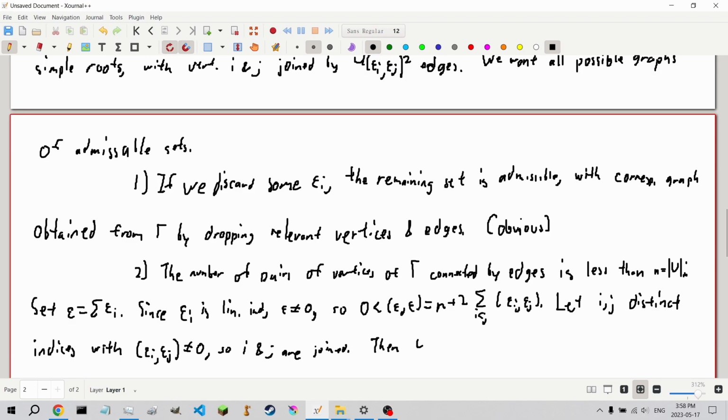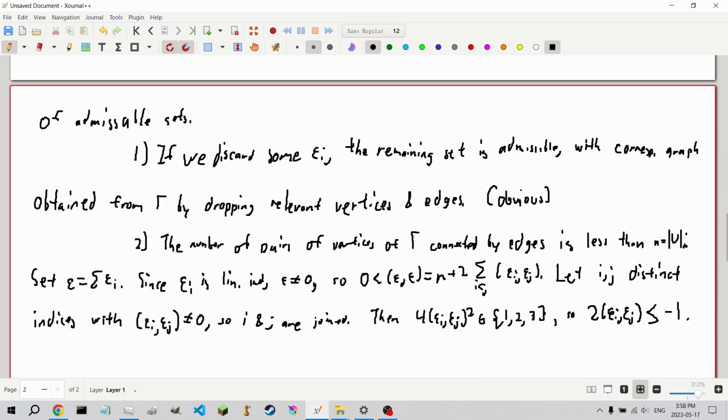And then (epsilon_i, epsilon_j) squared is non-zero: 1, 2, or 3. So 2 times the form of epsilon_i and epsilon_j is at most -1. I'd been calling these e's, they're epsilons.